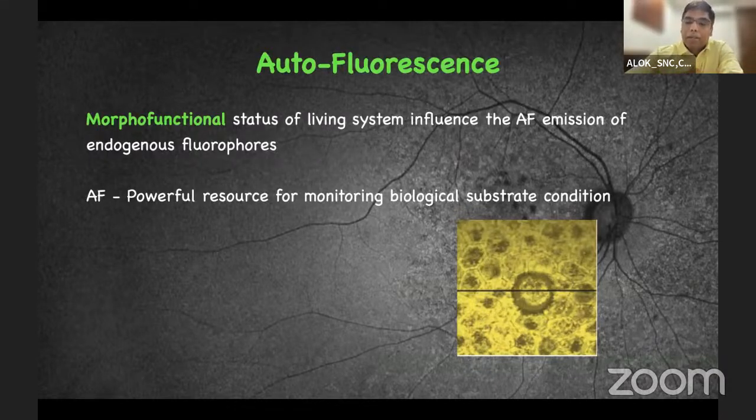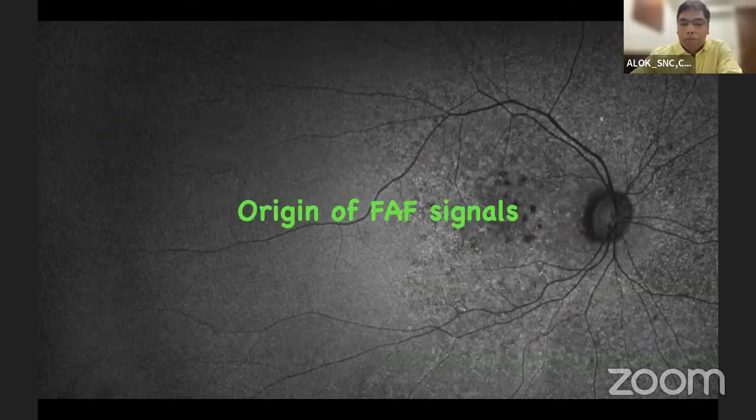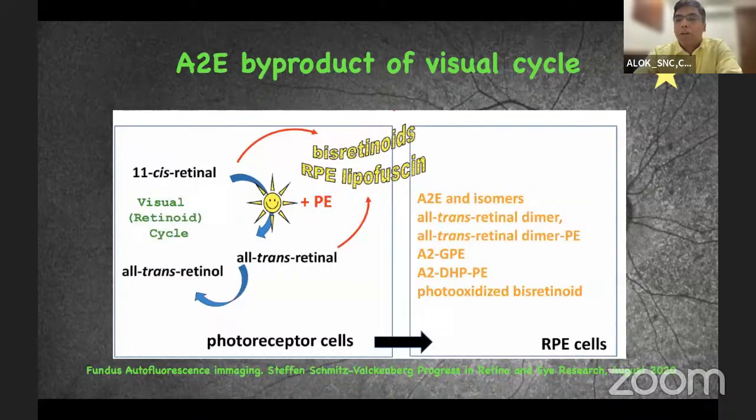So here you can see the RPE under fluorescence microscope, you can see the fluorescence from the RPE. So where are the autofluorescent signals coming from? If you recall your visual cycle, on photoisomerization, the 11-cis retinal is converted into all-trans retinal. So these are retinal aldehydes, and most of the all-trans retinal is then reconverted into all-trans retinol.